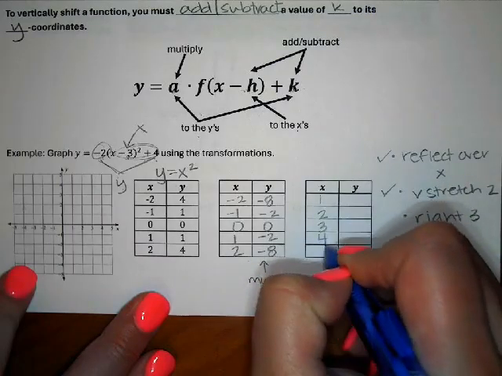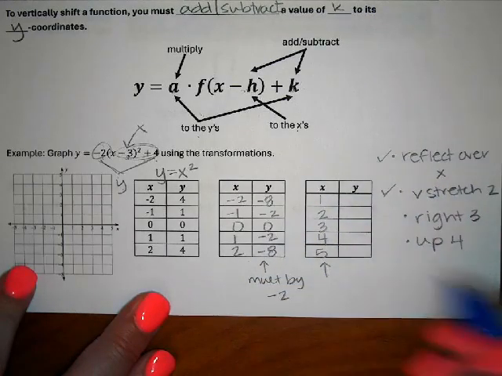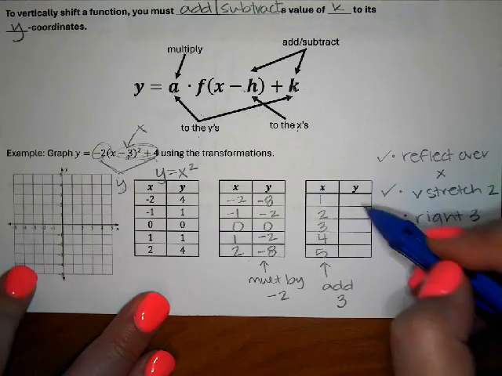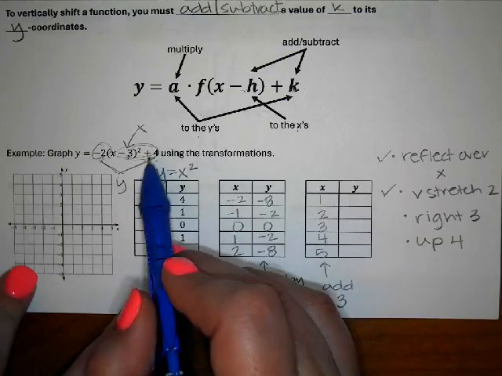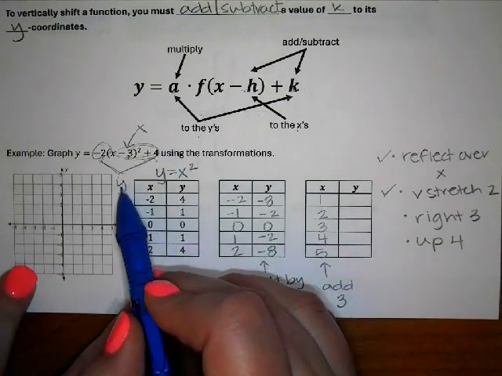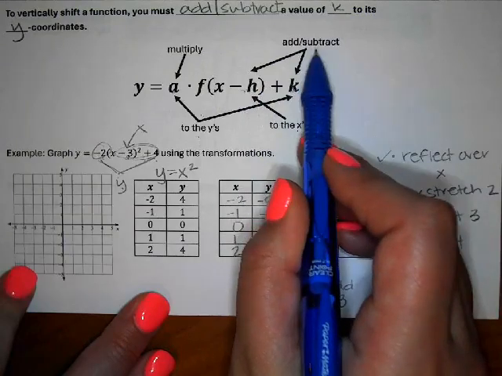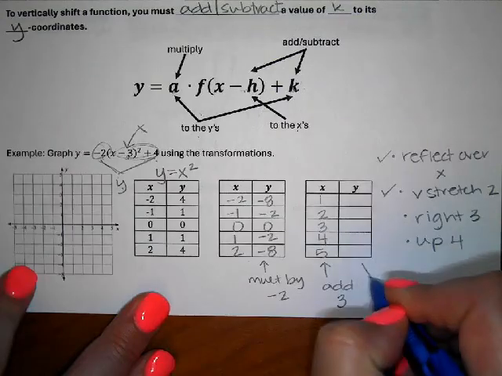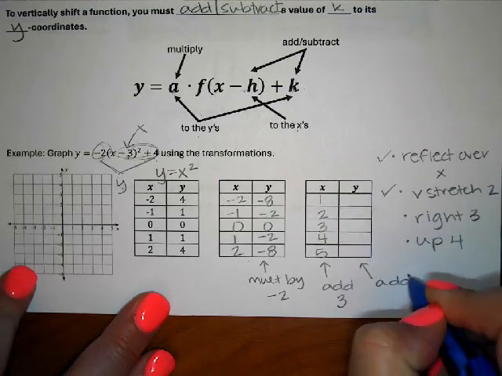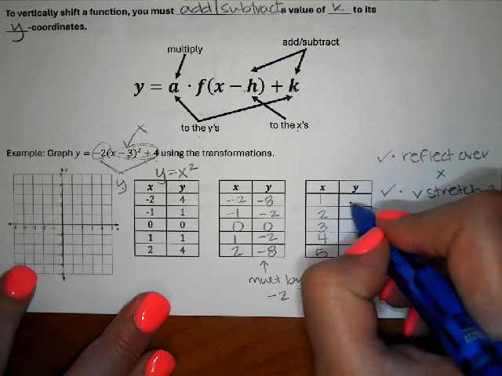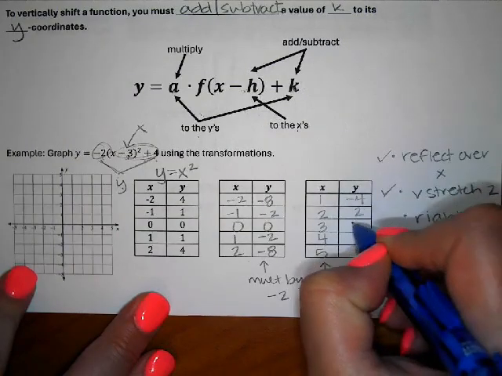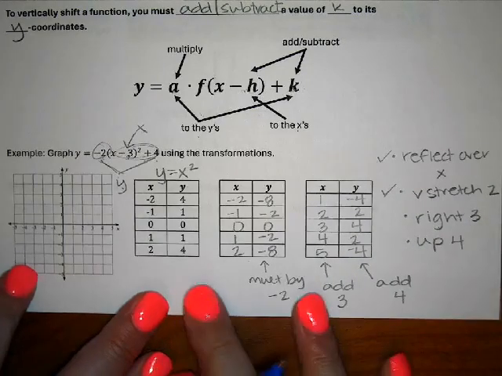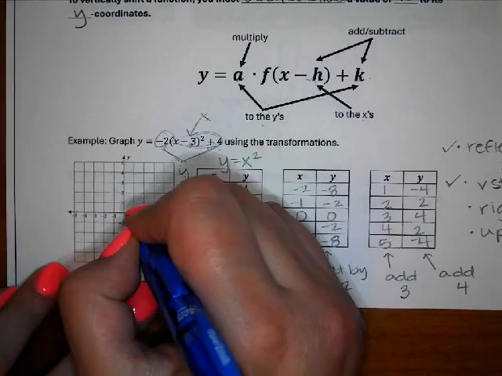And then for the last, I have the +4 on the end. This happens to the y-coordinate, and you do it by adding or subtracting. It's shifting the graph up 4, so I'm going to add 4. So +4, +4, +4, +4, +4. Okay, and now I can graph my transformed function.